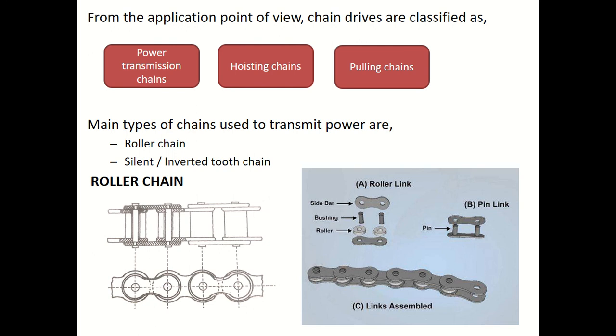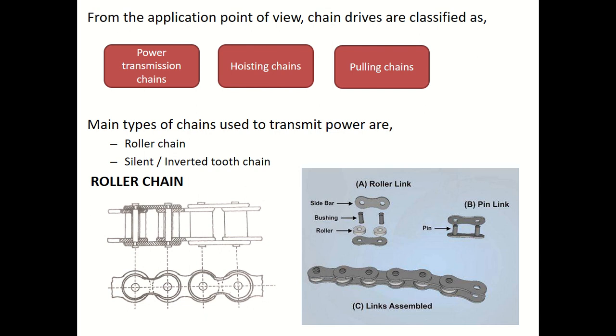Two adjacent bushes are held together by the outer plates, which are called pin link plates. So roller link plates are inner plates, and pin link plates are outer plates. Just remember that.